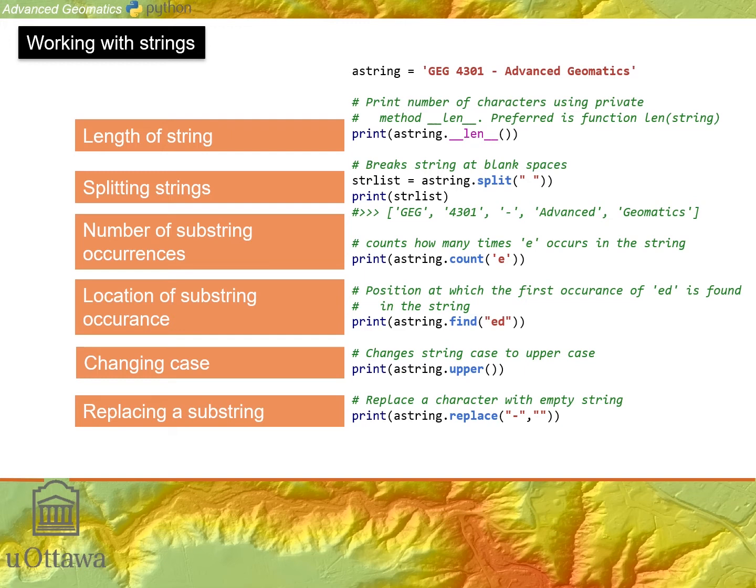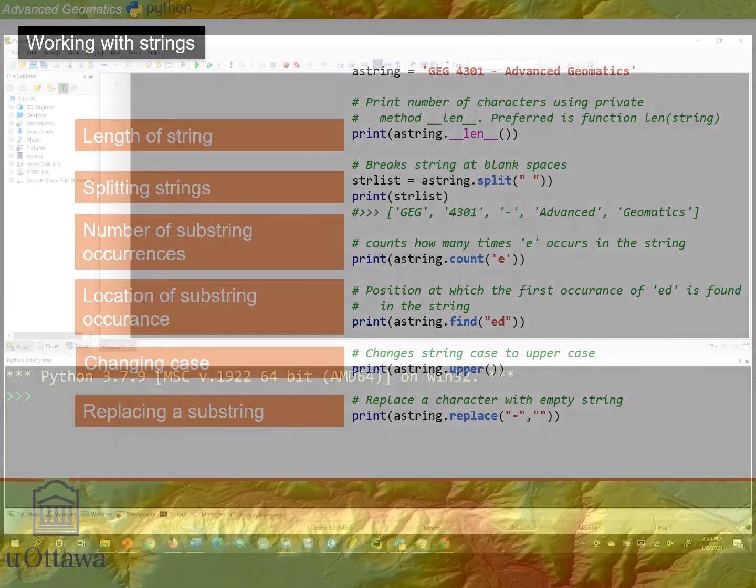And you might think, well, why are we doing all this stuff with strings? Well, these type of things are fundamentally important when you're working with data, especially external data that may not be coming from ArcGIS, but let's say from a text file of some sort. So in reading in text files, parsing strings and stuff is very important. And so good string skills are very useful in that respect.